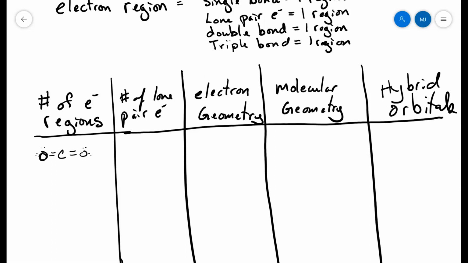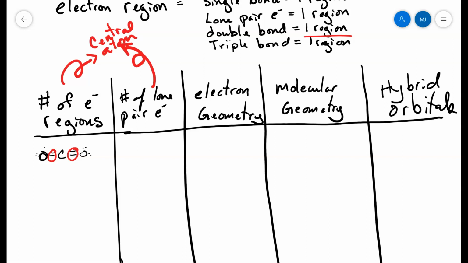Now, when we count the number of electron regions and lone pairs, we are always looking at the central atom, nothing else. So on carbon, how many regions are there? Well, there are two regions, because a double bond is one region. So I find that there are two regions.